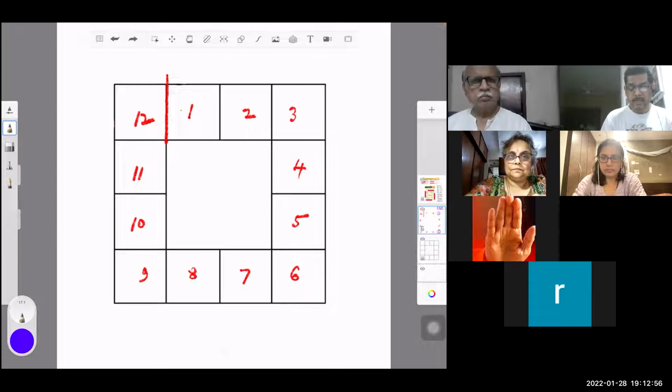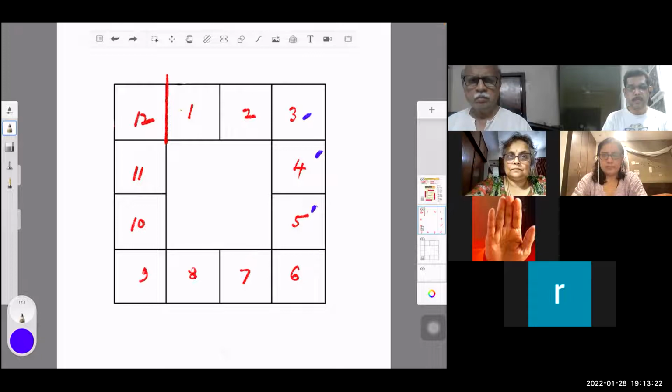Now let us go to the second point, which is the aspects. What I mean is, when you see a planet over here, and let's say a planet over there, or a planet over here and a planet over there, the main purpose is that we are trying to get the relationship between two planets or two houses, correct? We should not be counting on our fingers, 1, 2, 3, 4, 5, like that.